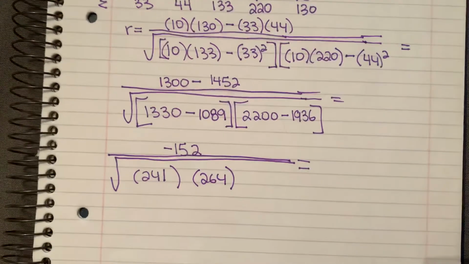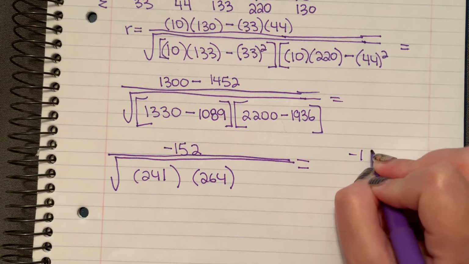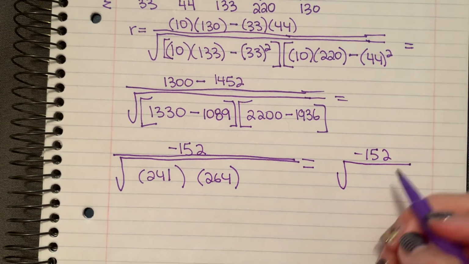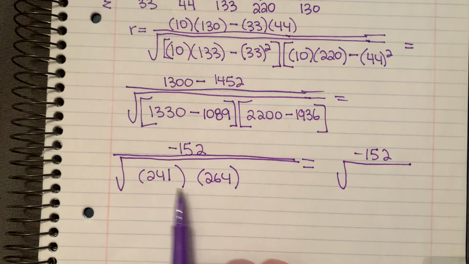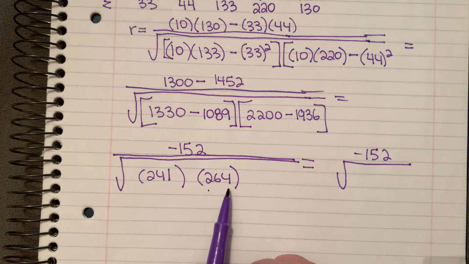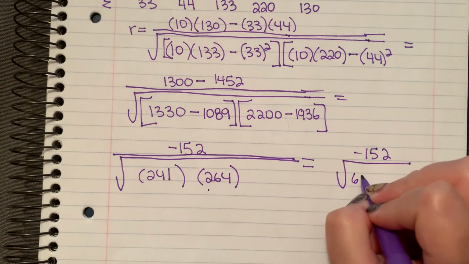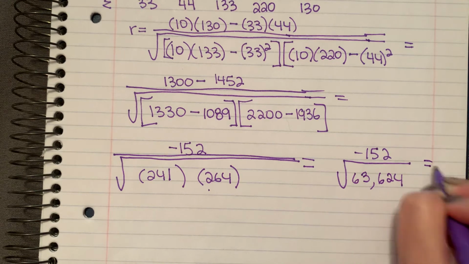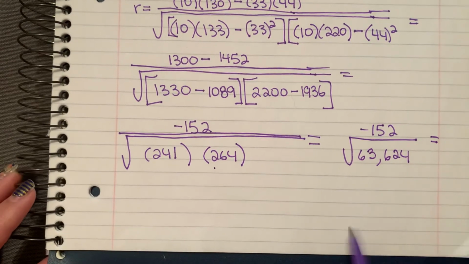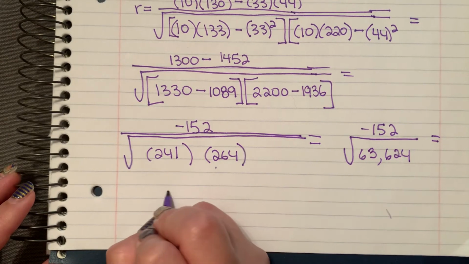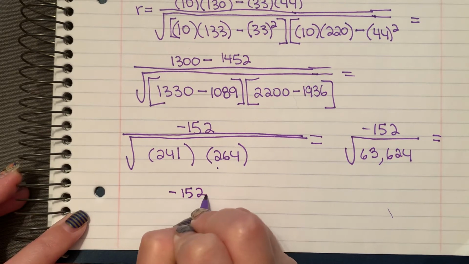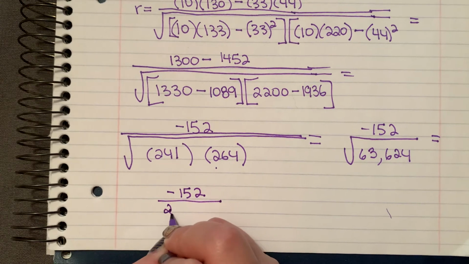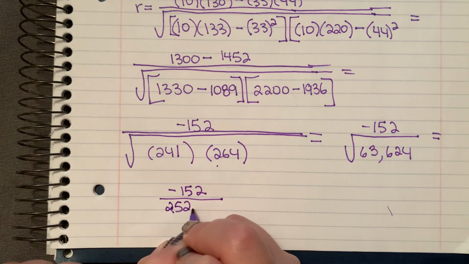So let's do that. So we have negative 152 divided by the square root of, when we multiply 241 times 264, we get 63,624. When we take the square root of this value, we end with 252.237.